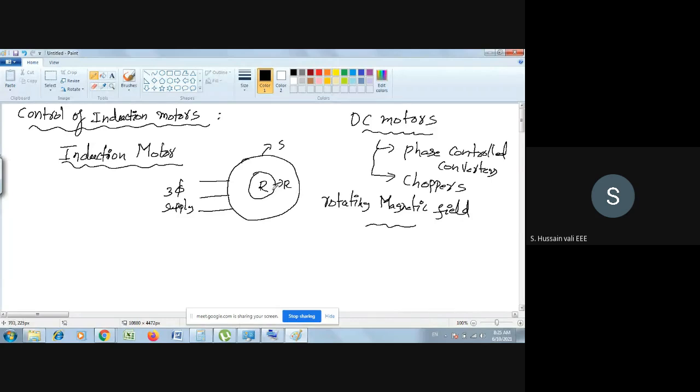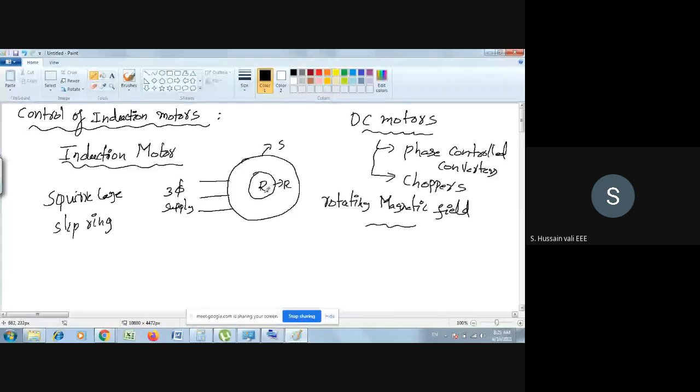Now, the rotor has different types of connections. Two famous connections are there: one is squirrel cage, another one is slip ring. In either case, the rotor terminals are closed.